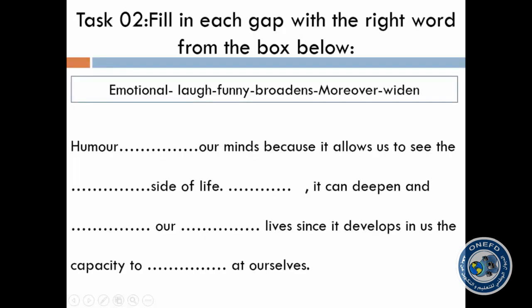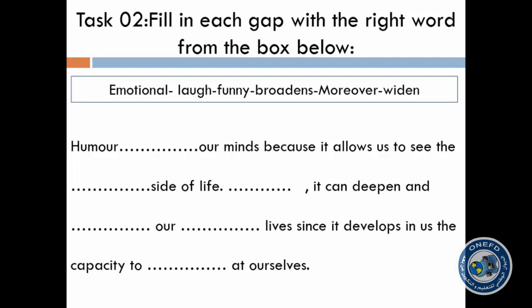So, let's move on to the last task in grammar review. So, we have task 2. Fill in each gap with the right word from the box below. So I repeat, in this last task we are going to deal with discourse, and there is a little small grammar review within it.